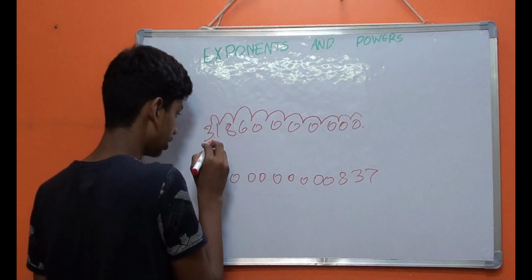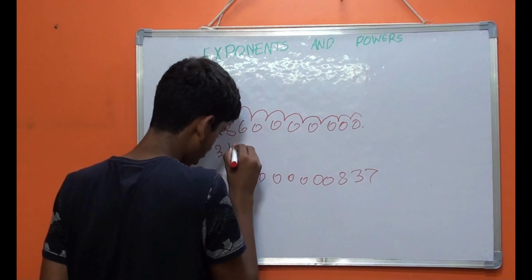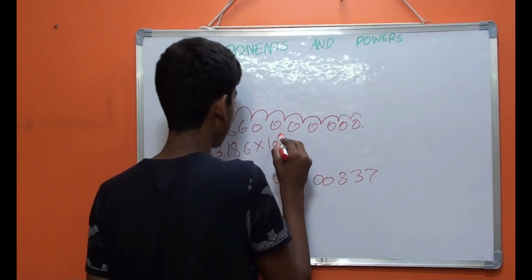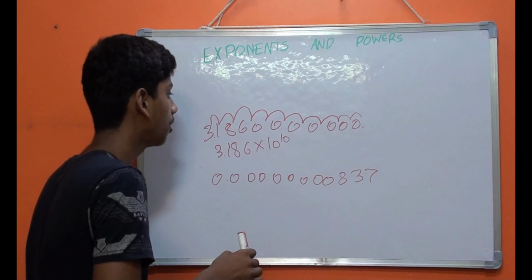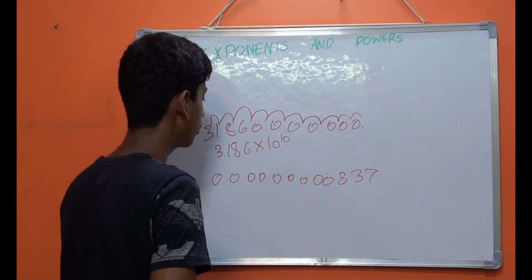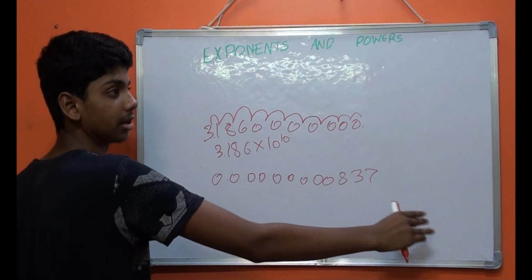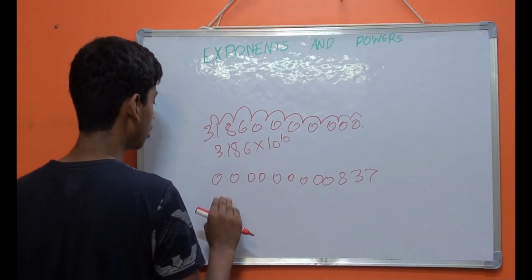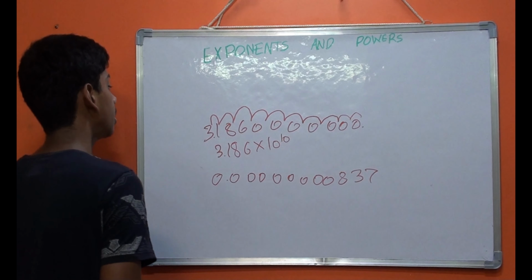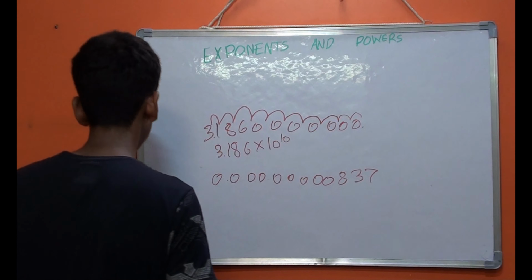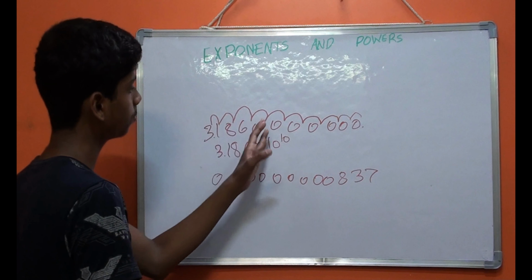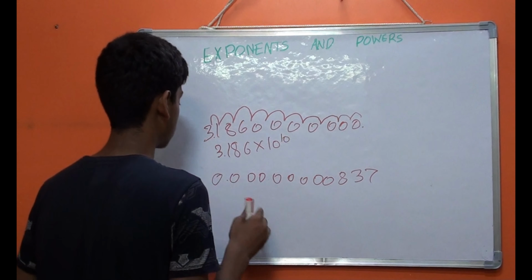Now we write it as 3.186 into 10 power 10. Here we did not write minus 10 because we took the decimal point to the right. When we take the decimal point from left to right, we keep the minus. But when we take the decimal point from right to left, we write a positive exponent.